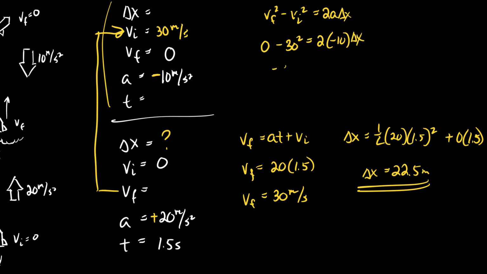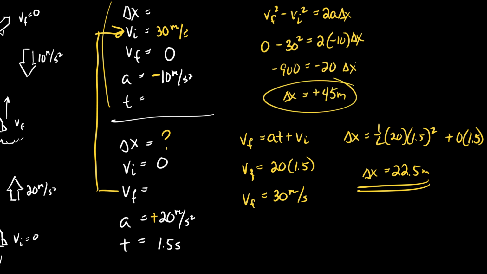So this is negative 900 equals negative 20 delta x. So that's got to be positive 45 meters. Total height of the rocket, 67.5 meters.